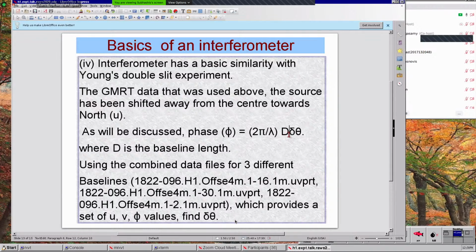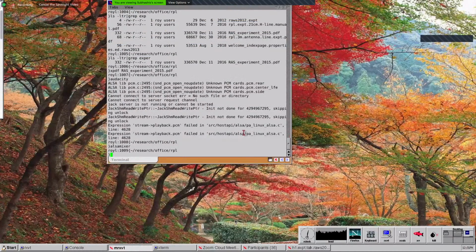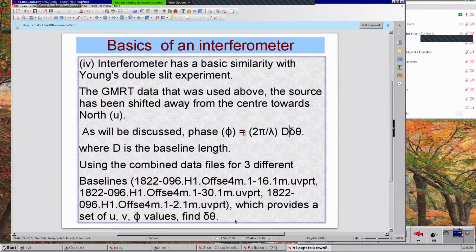Here it will be du, because it is along the north direction, so only u we have to look at, which will matter really. So these are the experiments which I have given to you.